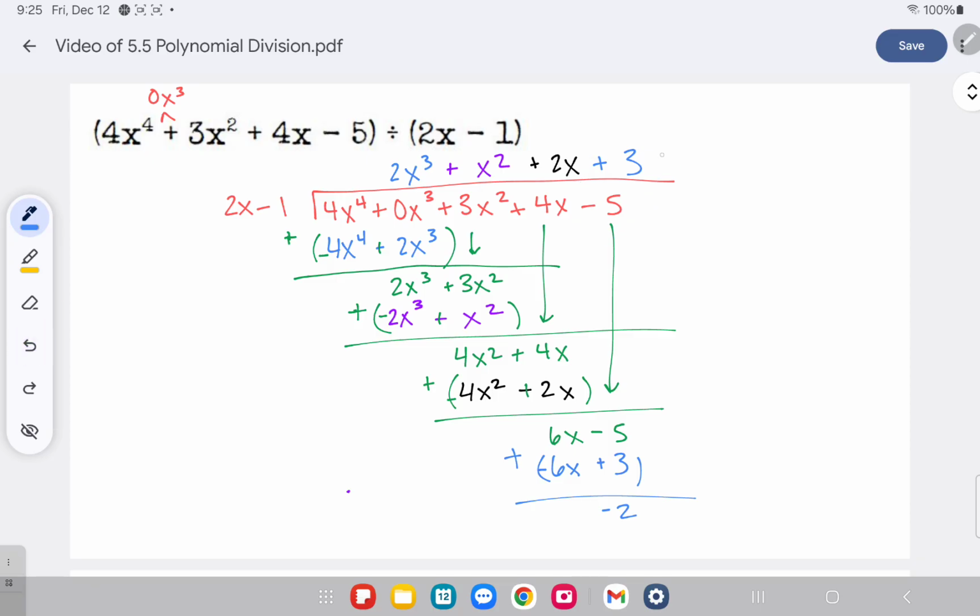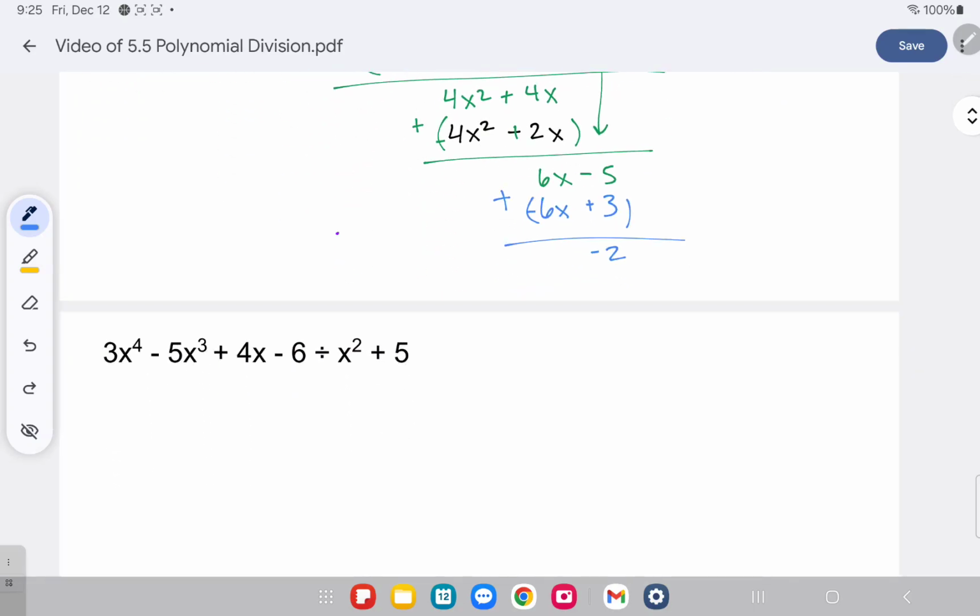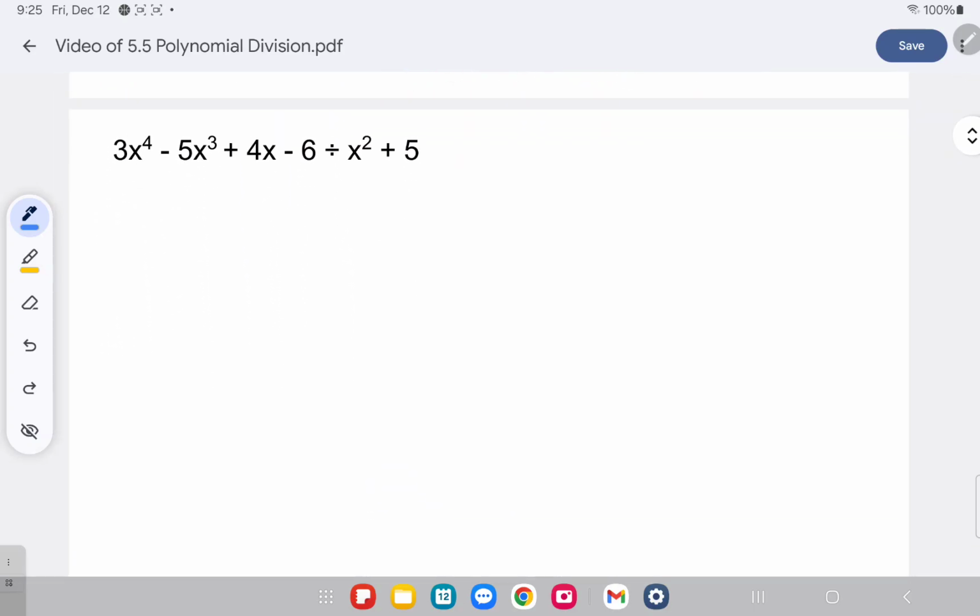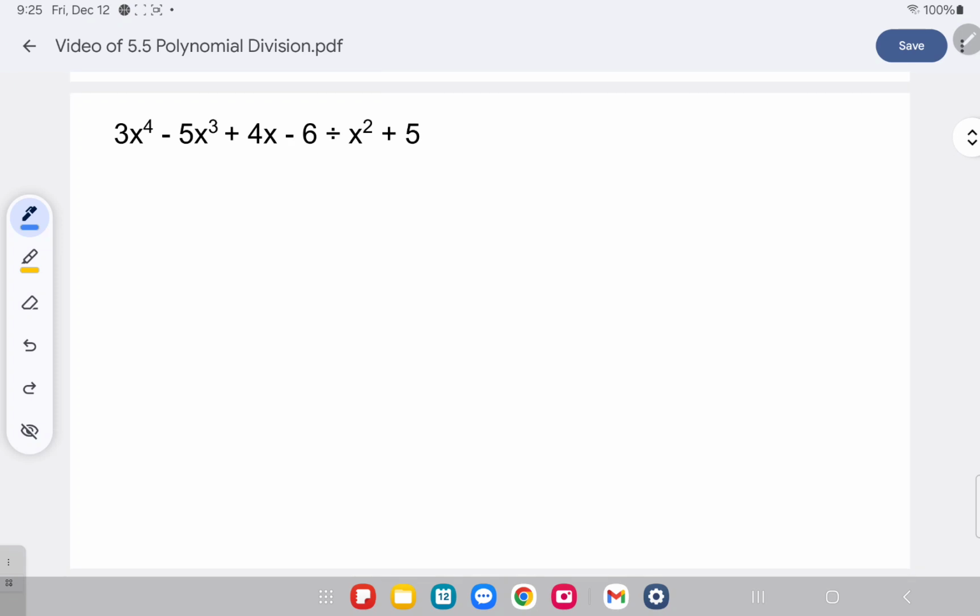Now it's time for the remainder. So our remainder is -2. We don't write our -2. We write -2 over that divisor. So all these steps, just like long division with numbers, it might be helpful to even review long division with numbers before trying polynomial division, because they're really similar.